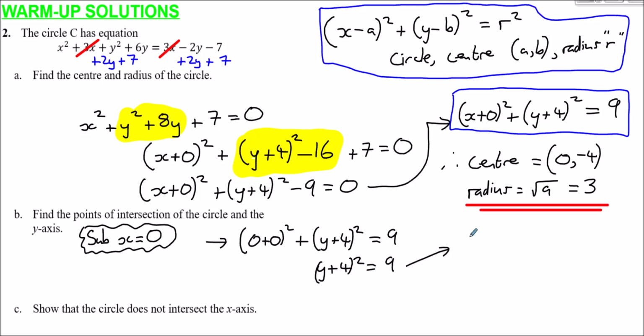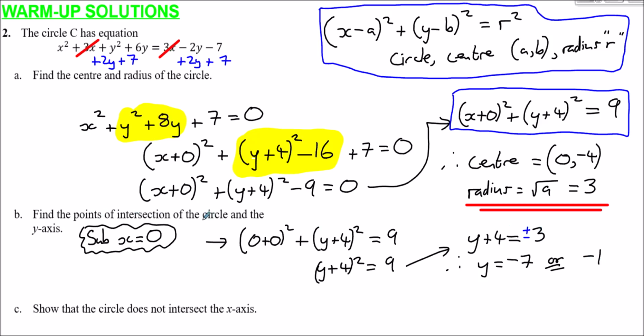Square root both sides. y plus 4 equals the square root of 9, which is 3. And please do remember, when we square root, to consider plus or minus. Common mistake. So therefore, y equals either minus 3 minus 4, which is minus 7, or if y is positive 3, y would be plus 3 minus 4, which is minus 1.